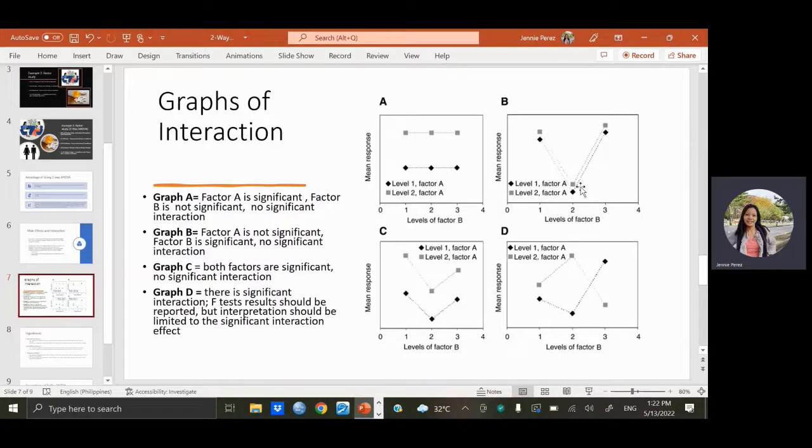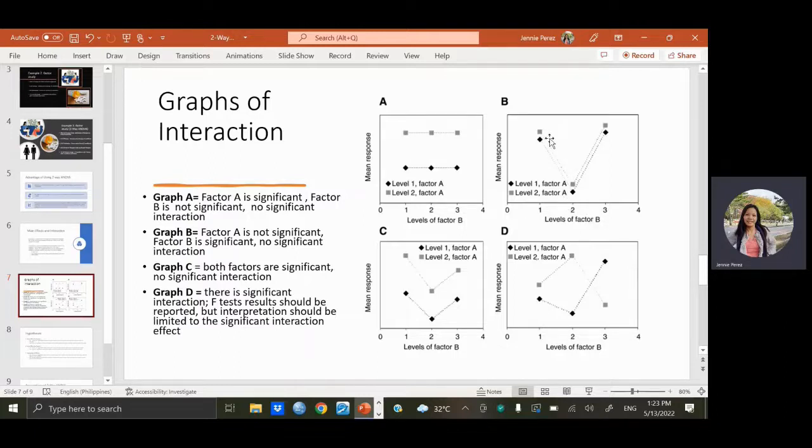Now, in graph B, this is a situation wherein factor A is not significant. You can see that the diamonds and the square points here are just about near to each other. However, factor B is significant.